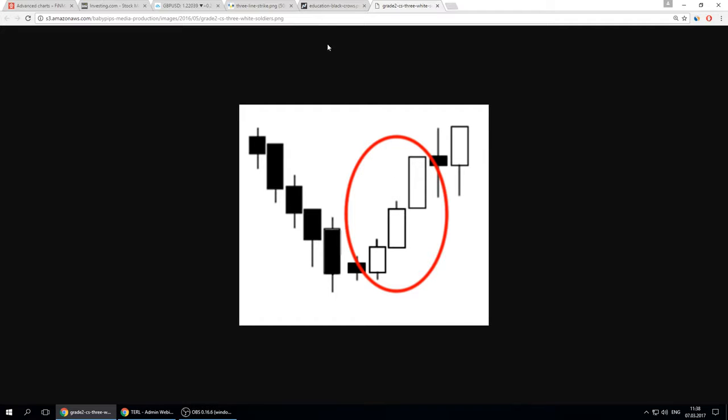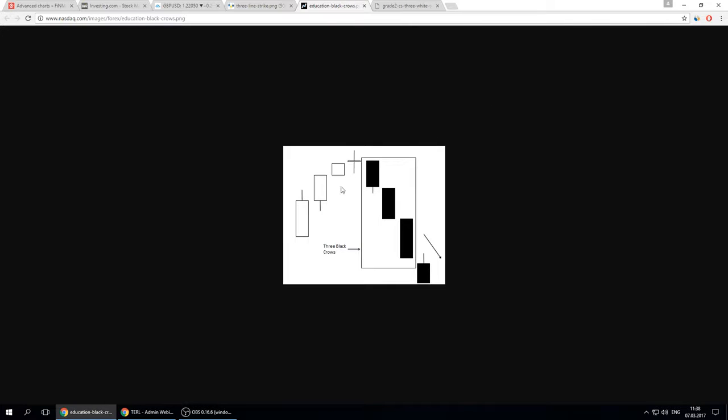So these are the two patterns that look alike, but they show us different changes. The 3 black crows show us that the uptrend has finished, and the price and the market can start going down. It can show us the beginning of the downtrend.